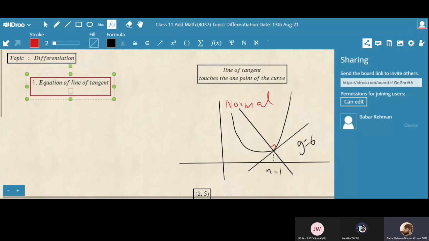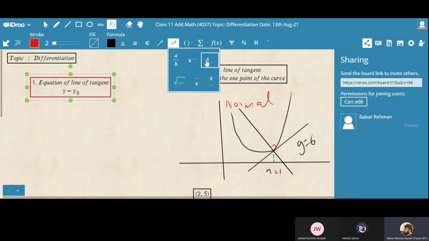As you have studied in your previous classes, in coordinate geometry, you know the line equation y is equal to mx plus c. But over here, y minus y1 is equal to gradient times x minus x1. This is the equation of tangent.